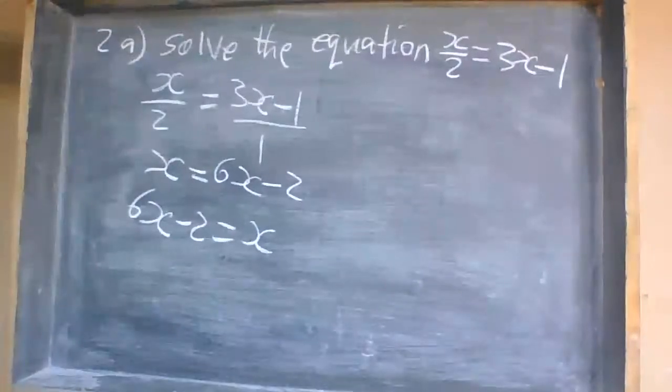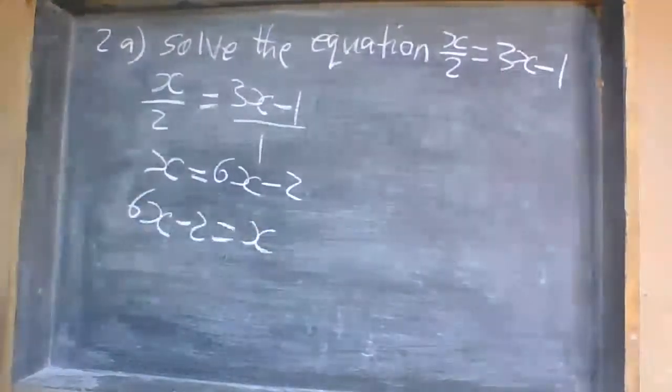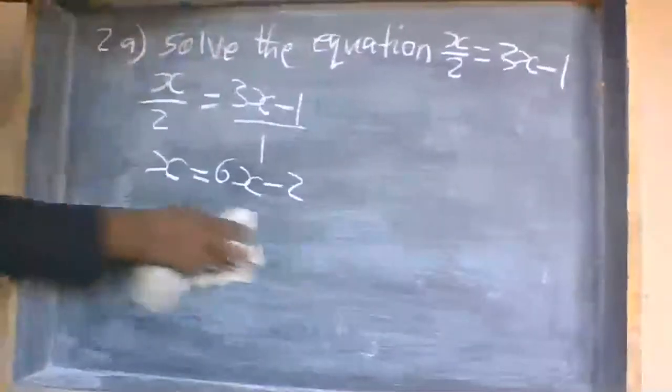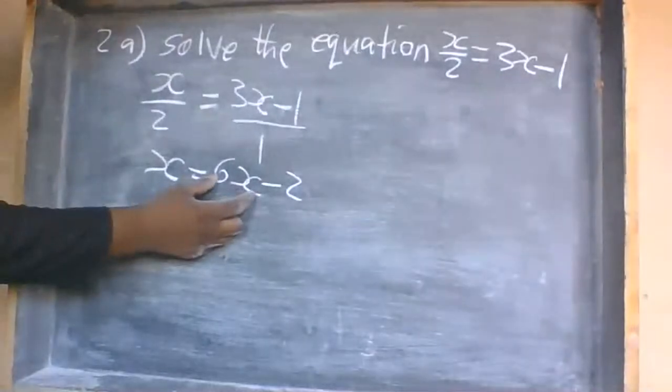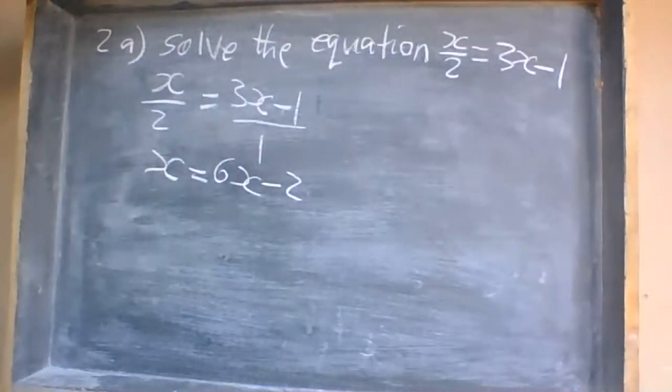This is just the same thing, written for the sake of people not getting confused. We bring this 6x to the other side of the equal sign and group the like terms.